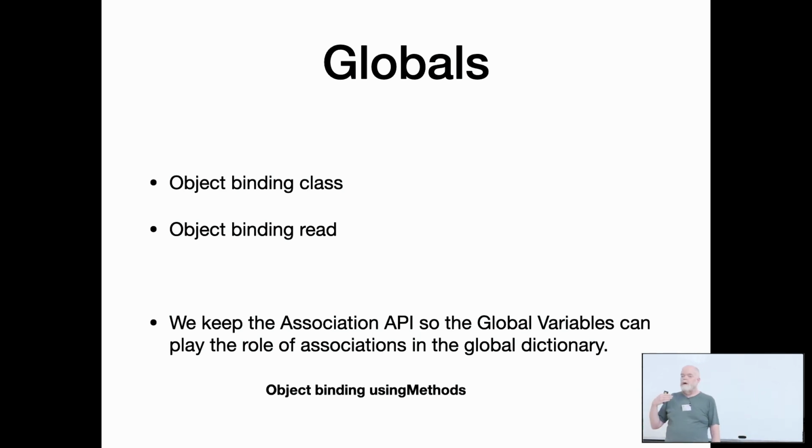So they are actually associations in the global Smalltalk globals dictionary, but they are not associations anymore. They just implement the association API. But it allows us now to use the standard API of variables on these objects. So we can say Object binding usingMethods, and it would give you back all methods in the system that read Object in any form.